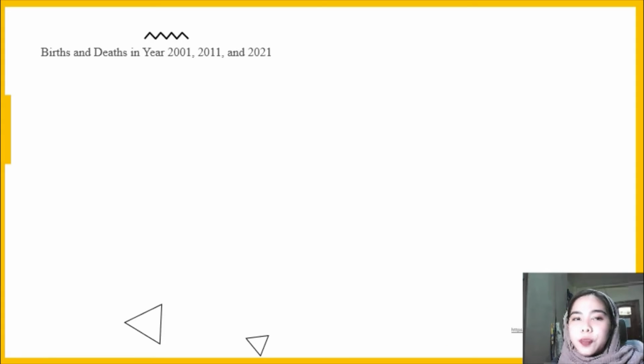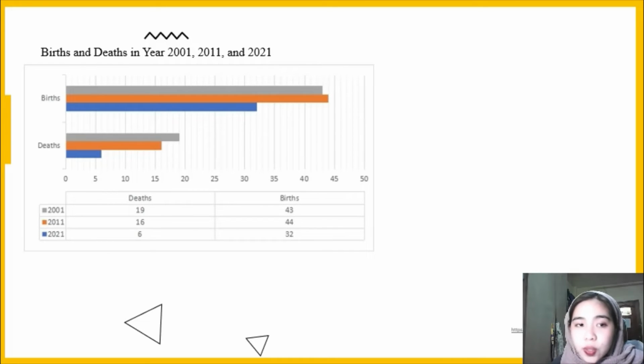Okay, now let's proceed to the births and deaths in 2001, 2011, and 2021. As you can see here, the birth rate in 2001 is about 43%. So medyo mataas siya. And then in 2011 it's actually super mataas, 44.